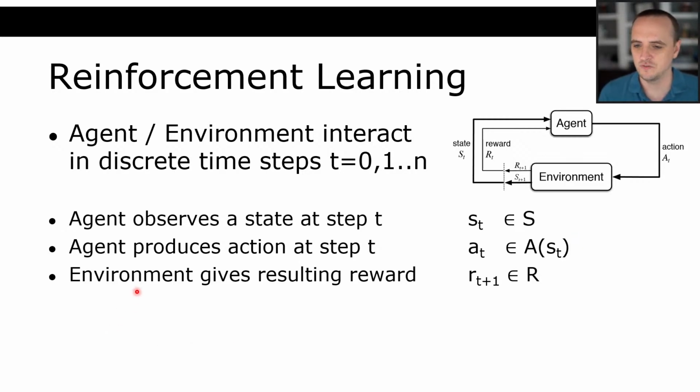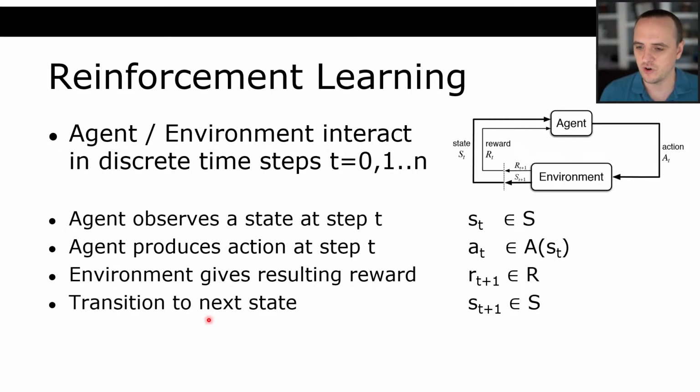Then the environment gives us the resulting reward. That reward is r sub t plus 1, the next reward, and that exists within the real numbers. So we get some real valued reward from that, and then we transition to the next state. And so we have s sub t plus 1, which exists in the set of all states.